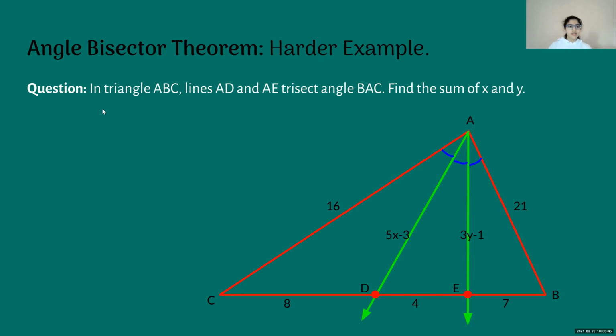Someone said ACD and ABE. No, those, someone else said ACD and AEB. No, that is not correct, because see here, when we are looking at it, AED and ABE.